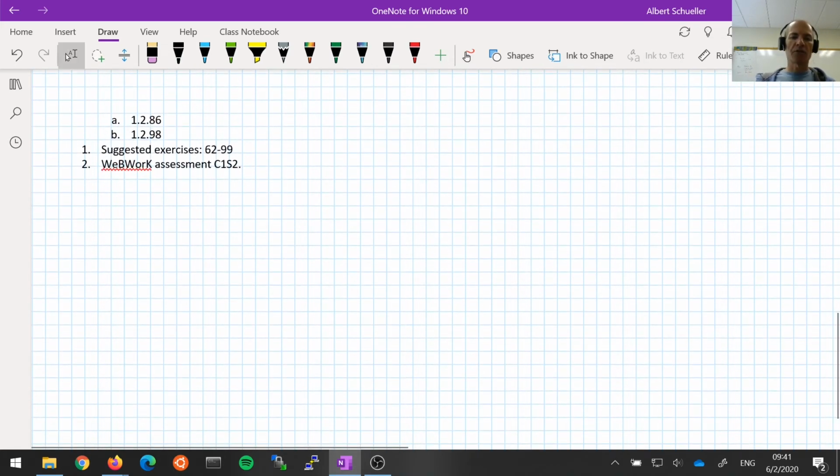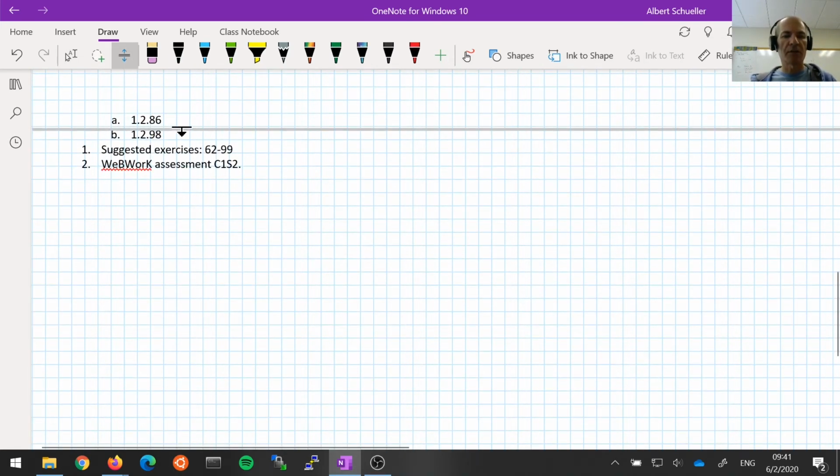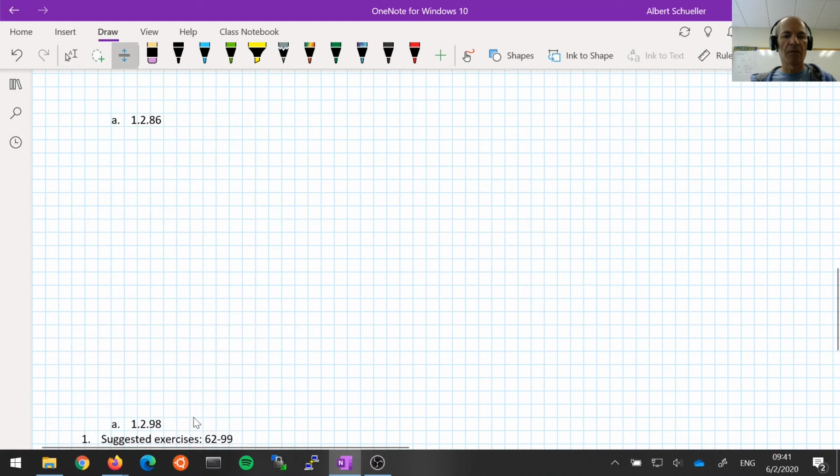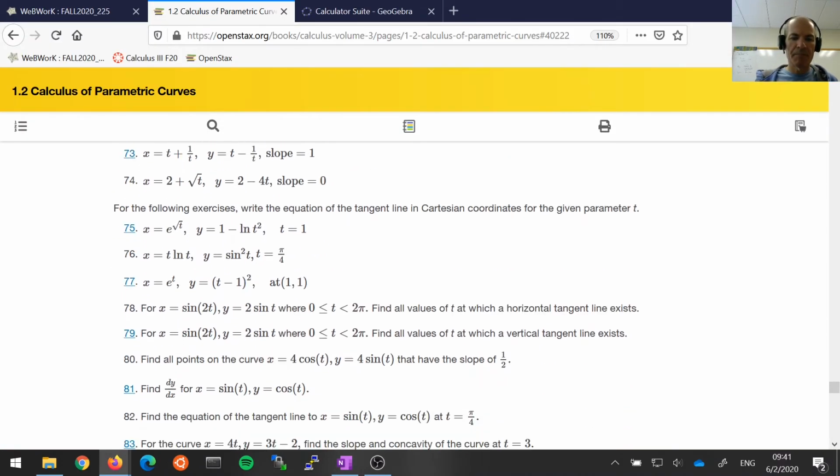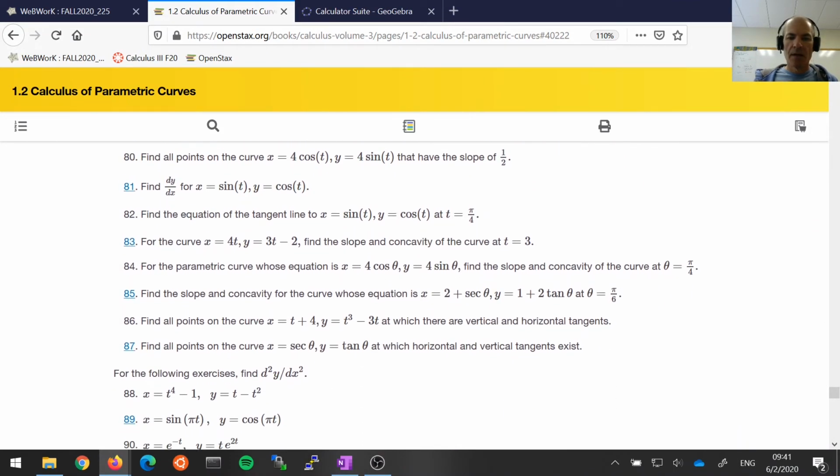Let's try another one. Let's try problem 86. All right, in problem 86, got a couple of extra steps here. Find all the points on the curve at which there are vertical and horizontal tangents.